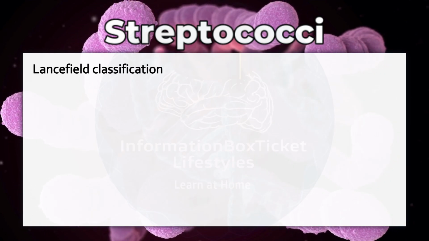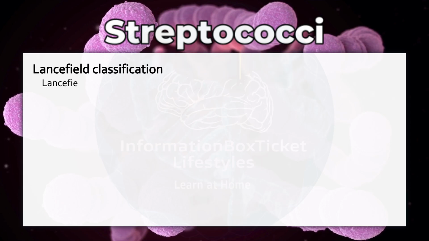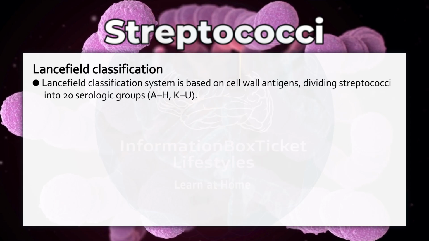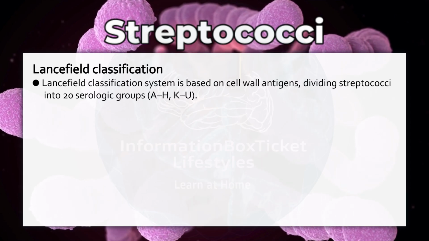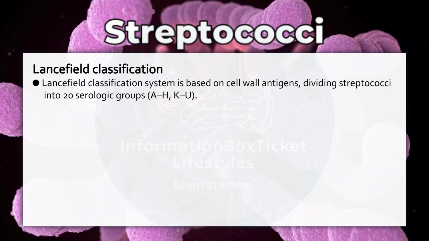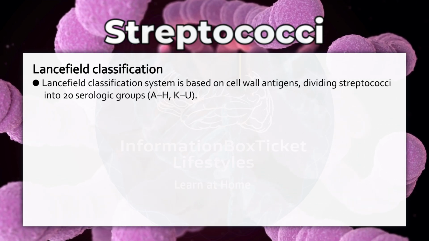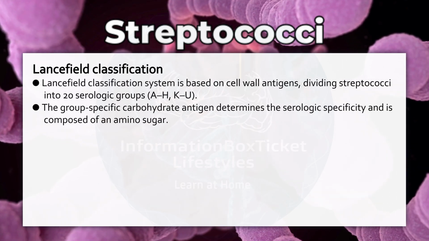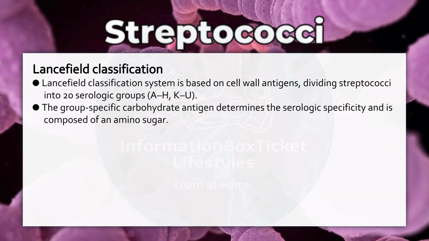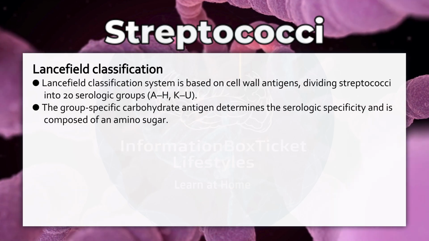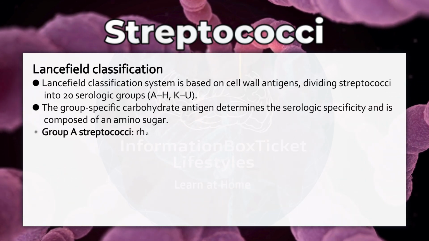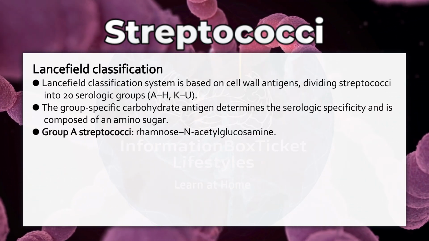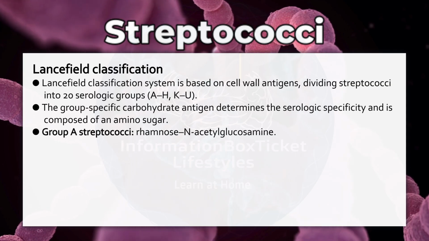Lancefield classification. The Lancefield classification system is based on cell wall antigens, dividing Streptococci into 20 serologic groups, A to H and K to U. The group-specific carbohydrate antigen determines the serologic specificity. Group A Streptococci: rhamnose, N-acetylglucosamine.